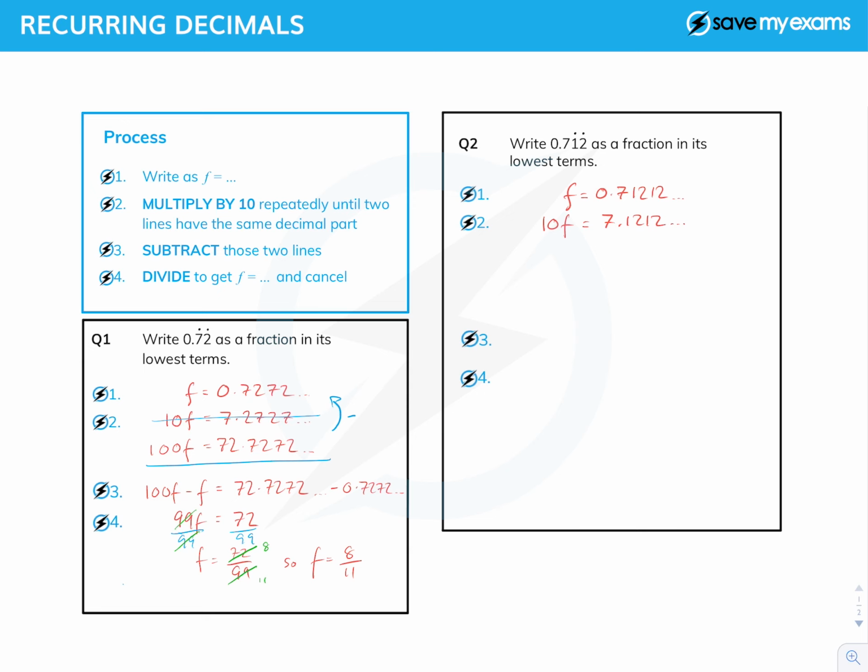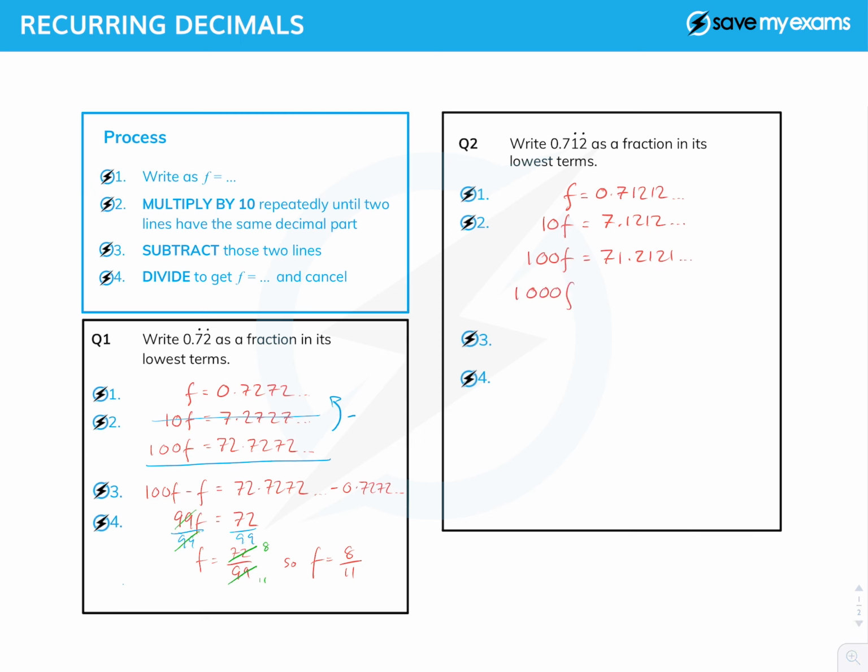And if I multiply by 10 again, I get 100f, and that's 71.2121 recurring. Now let's just check these right-hand sides here. The decimal parts: the first one is 1212, the next one is 2121. So none of these are the same yet. So I need to keep multiplying by 10.